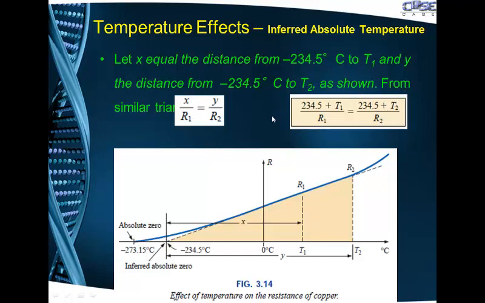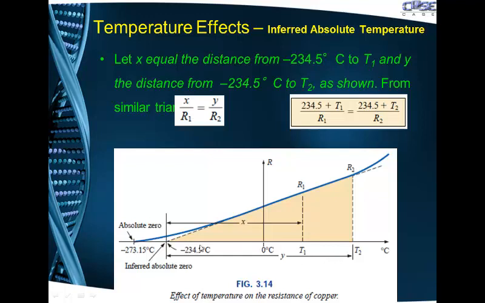So how is this relationship established? This relationship is established using this straight line approximation. So if I model this curve with a straight line, then from this graph I can say that x over R1 would be equal to y over R2, where x is the distance from this point to T1 and y is the distance from this point to T2.